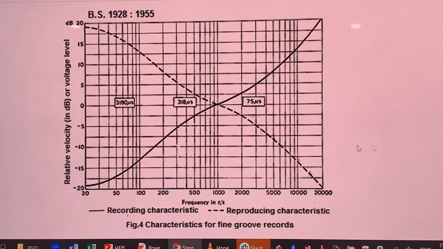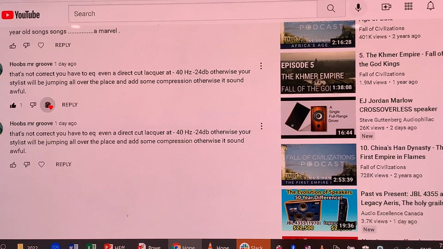However, there's another aspect that he mentioned, which is very important: the stylus jumping all over the place. So what does that refer to? That refers to a different aspect, which is related to the requirement to cut the low frequency material to much smaller signal size than was recorded.